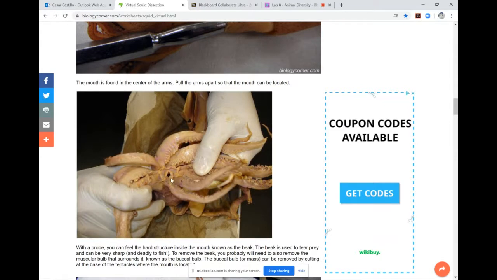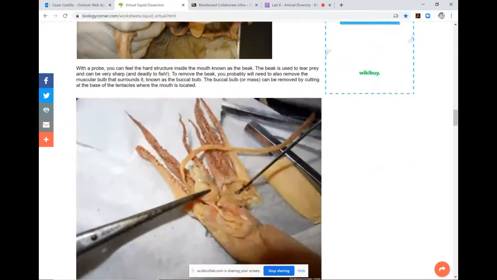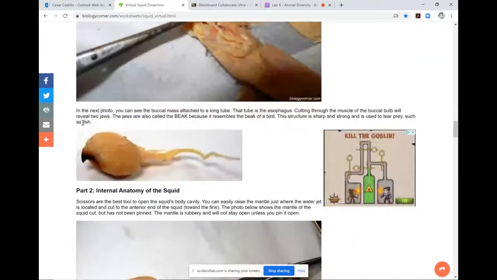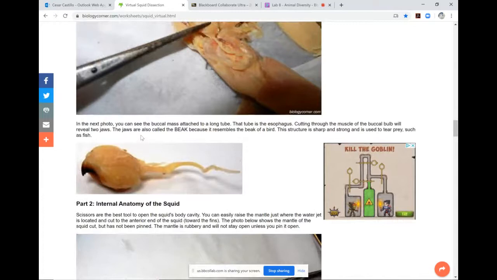And if you were to cut it, which I would have asked you to do, you would end up taking a large, round, muscular structure like this out. It has this little thin tube attached to it. That's the esophagus. So here's the mouth. It's been cleared of the muscle.